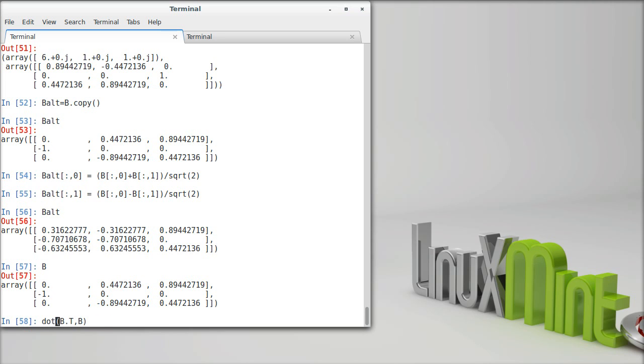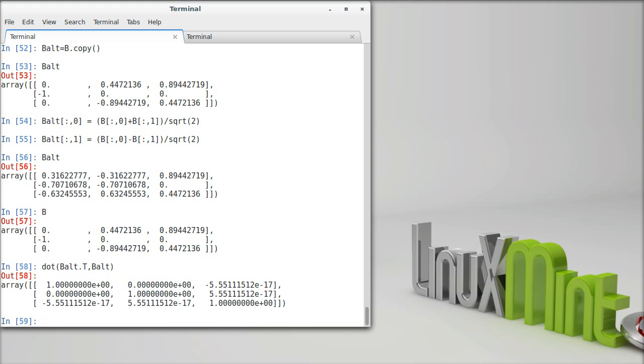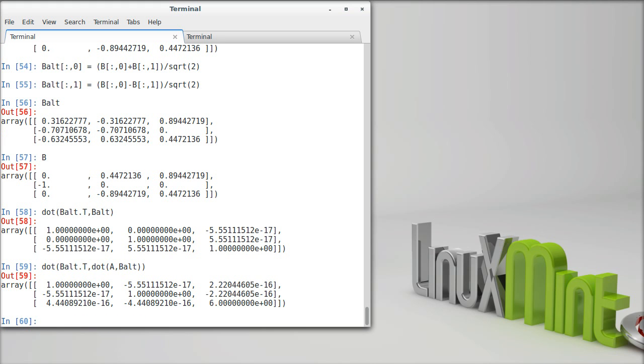We can verify that by seeing that this is still orthogonal, the transpose is still the inverse. And we can verify that if we use this alternative matrix, this still has diagonalized A. The eigenvalues are still along the diagonal.